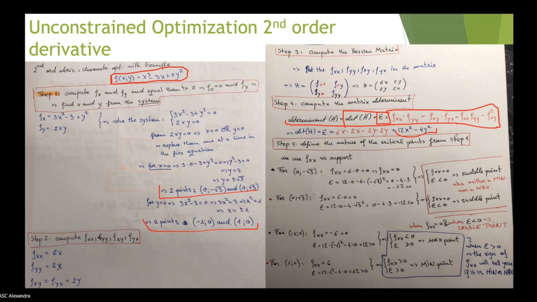And so once you have computed the determinant, you can start defining the nature of your critical points. So actually giving more information about the points that you found in step 1. And then you just consider it by cases.